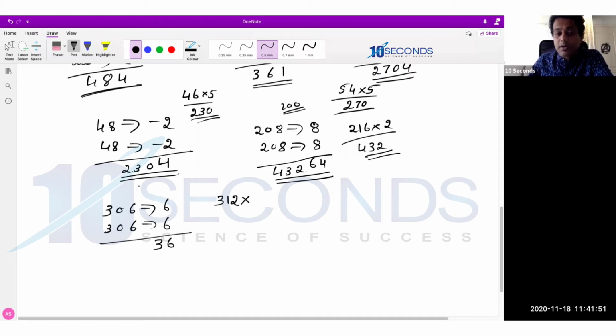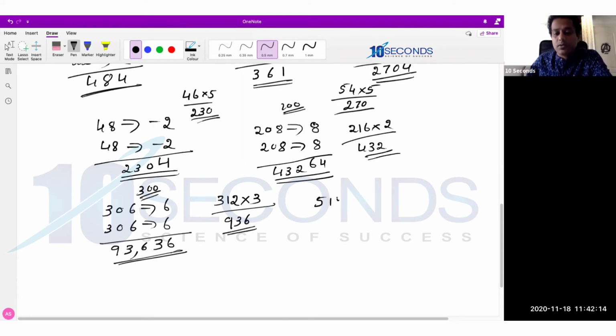Multiply by what? 300 is the base. Remember, you have to multiply by 3 exactly, so it becomes 936. So 93,636 it is.